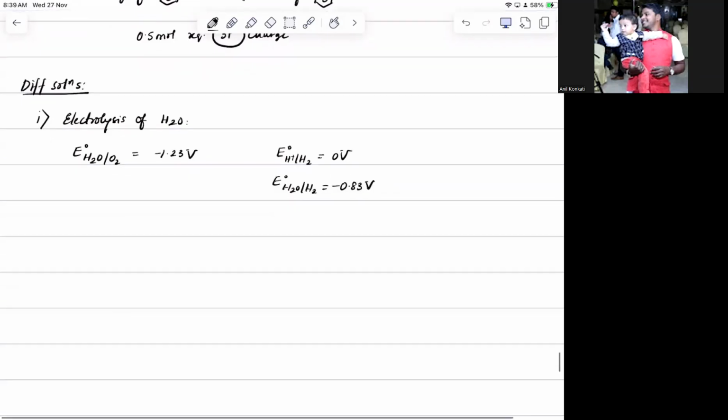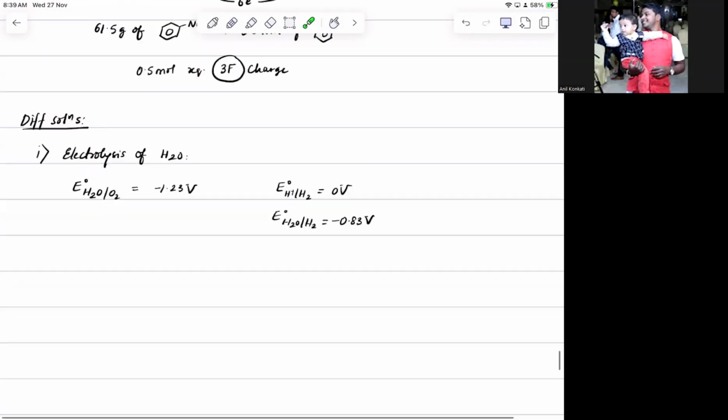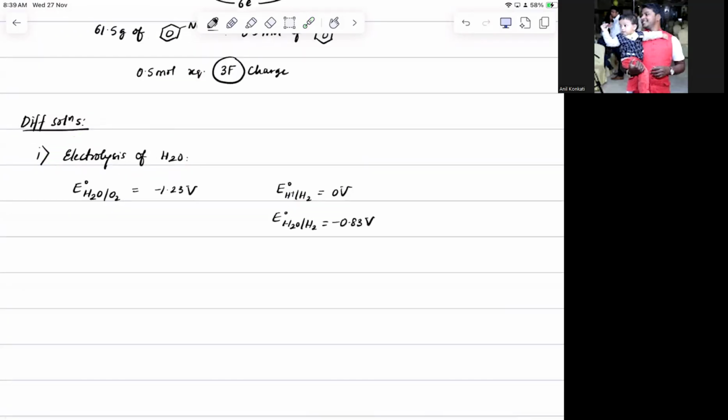If you have pure water, that is distilled water, then it's an extremely bad conductor, so you will not see much deposition. That's why whenever electrolysis of water is done, very dilute H2SO4 is added.